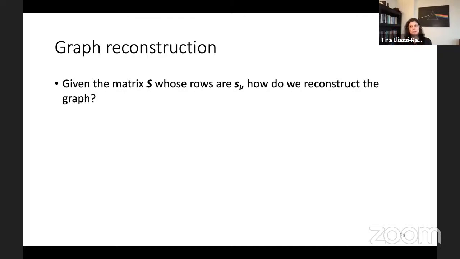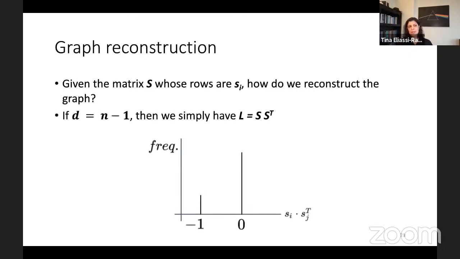And so the question is, how would I use this S matrix that I have now to reconstruct a graph? You can think of it as link prediction that a lot of people use.